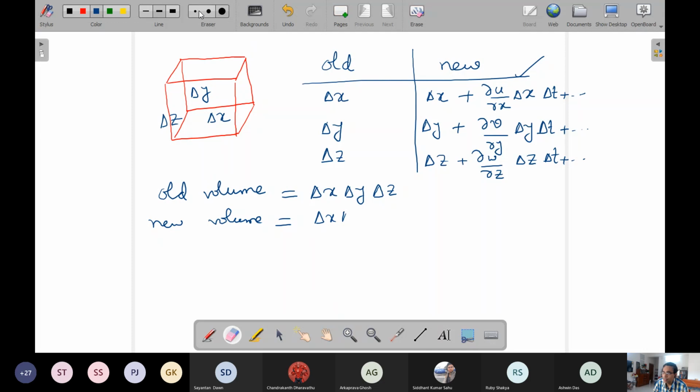I should not write the final expression straight away. So new volume will be the new delta x, again. I am not writing the higher order terms, those will not matter, so that is why I am not writing.